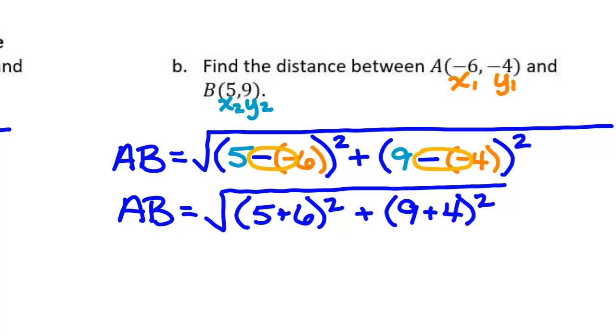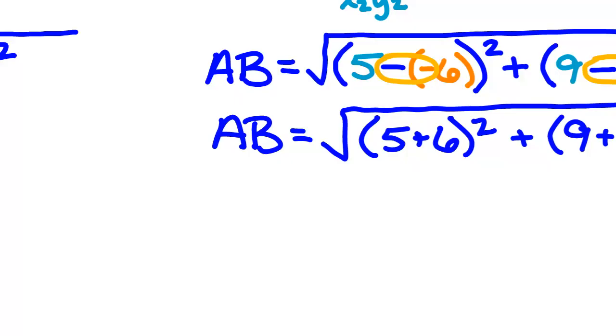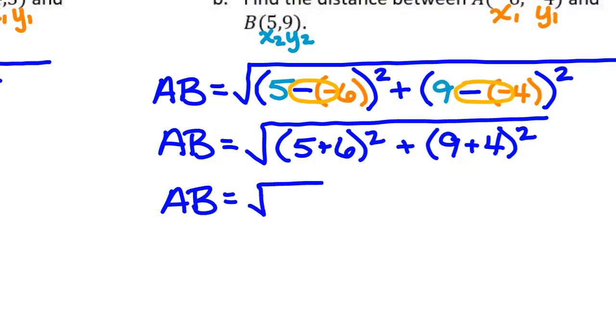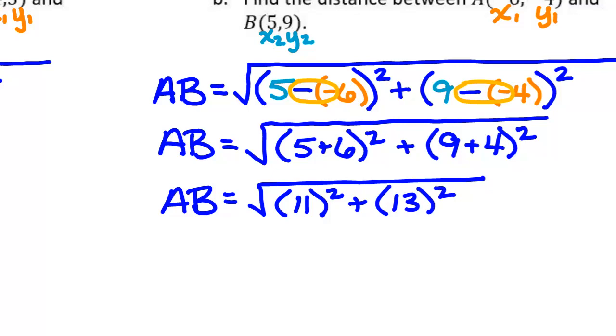Distance is always minus between my numbers, but when I'm minusing a negative, it'll turn to a plus. What is 5 plus 6? 11. So underneath my radical, still inside parentheses, I have 11 squared plus, what is 9 plus 4? 13 squared.